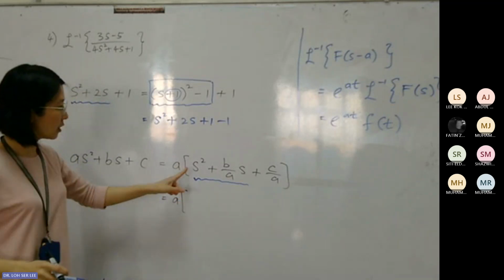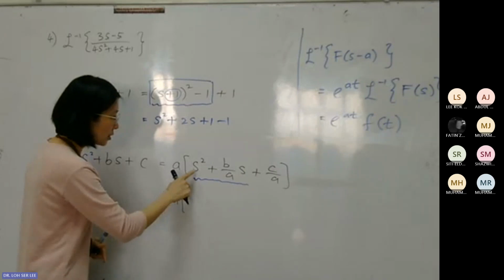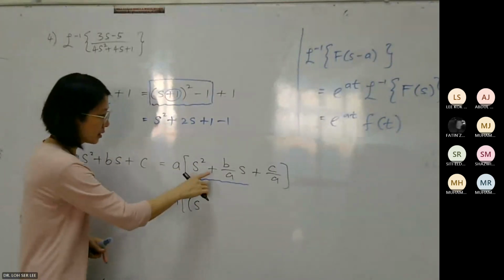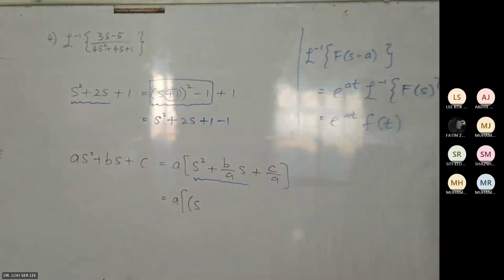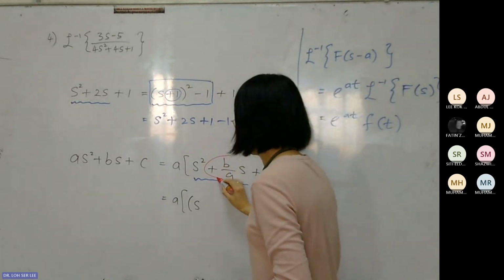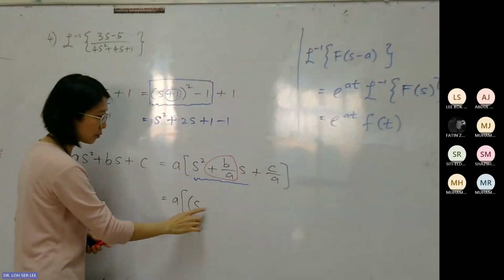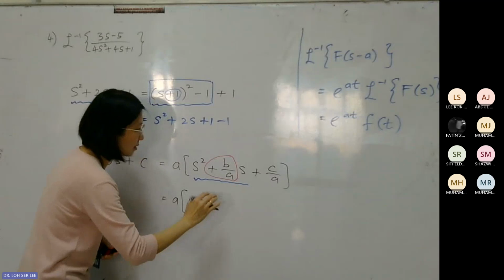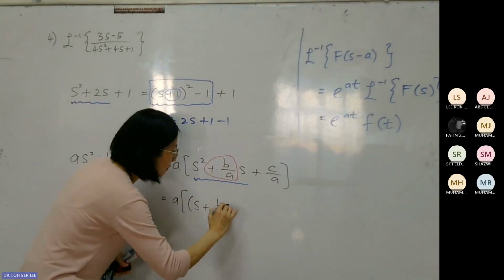When we do the completing the square to these two terms, the one with s squared and s, we write s squared as s, plus this value divided by 2. If this is plus, this will be plus. If this is minus, this will be minus.